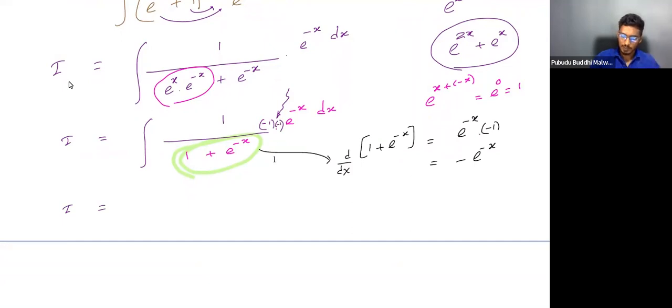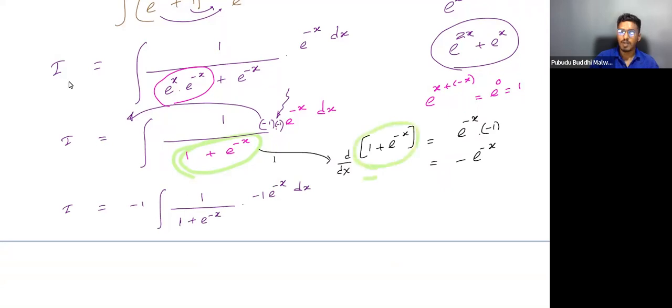Then we can take this minus 1 out. Then we have minus 1 times exponential minus x dx. That is basically the derivative of 1 plus exponential minus x.